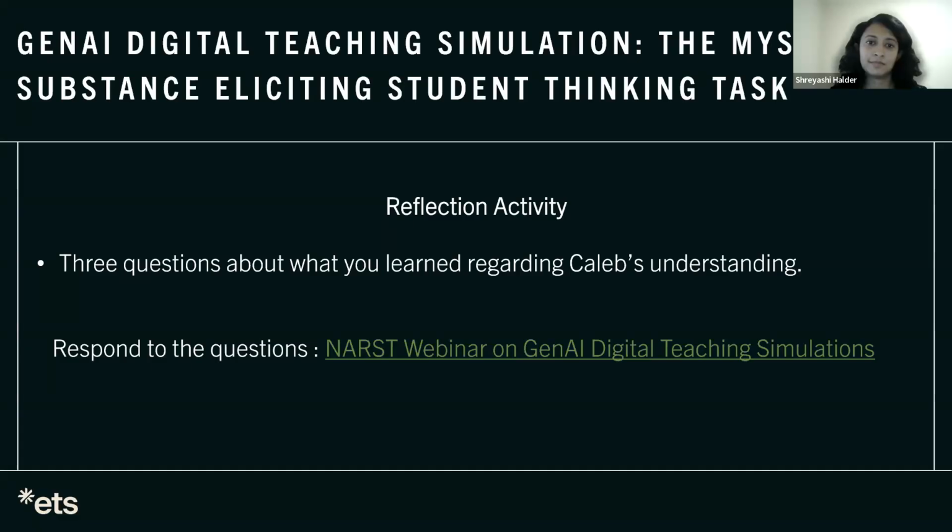Then I reframed the question. I said, what is the most important property that helped you to arrive at your answer? And then Caleb responded, I want to be like a thorough scientist, so I think that all properties listed in the table are important and will help make me sure of the identity.